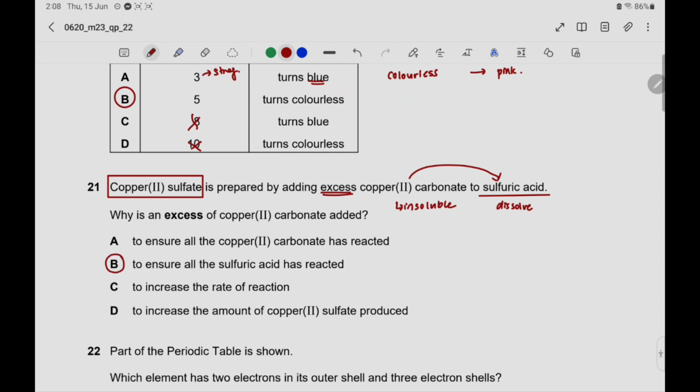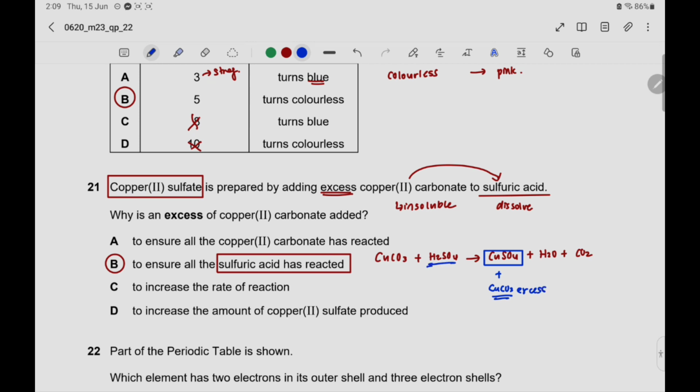Why? I want to ensure all my sulfuric acid has reacted, right? So it's like CuCO3 add with H2SO4. I turn into CuSO4 plus H2O plus CO2. Okay? So I want to fully get my copper sulfate and I still have my excess of CuCO3. This is excess.